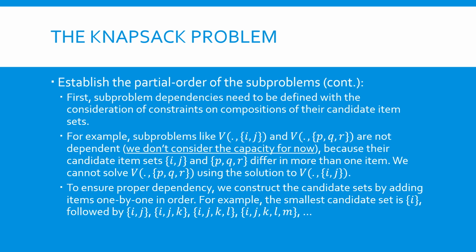To ensure proper subproblem dependency, the easiest way is to consider subproblems by adding items one at a time. For instance, if we start with a candidate set {i}, we then consider candidate set {i, j}, which has exactly one more item. We then consider {i, j, k}, then {i, j, k, l}, and so on. This way, we can ensure that the previous subproblem considered is needed by the next subproblem, as their candidate sets differ by exactly one item.